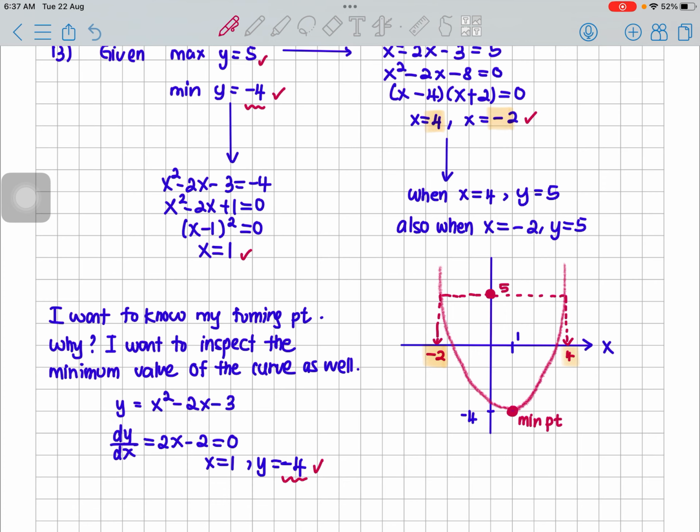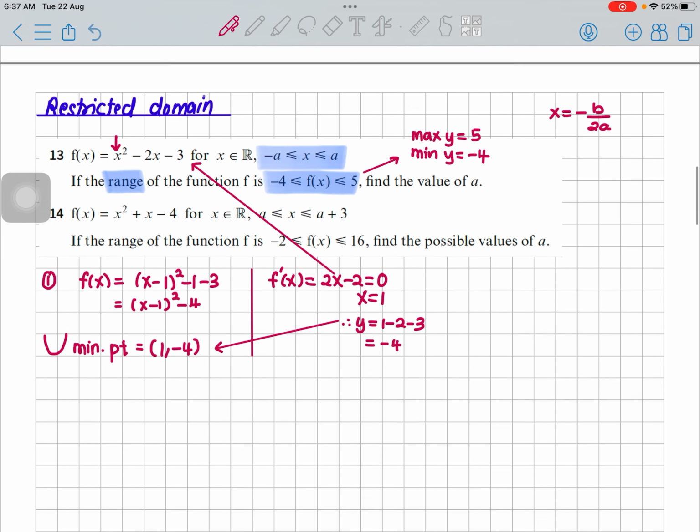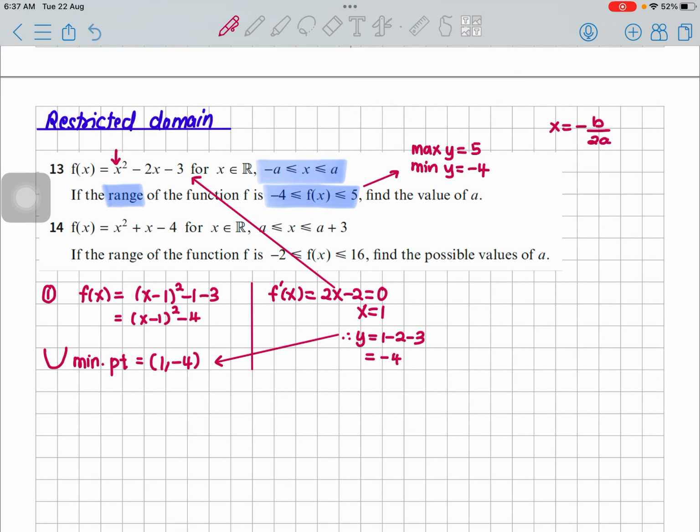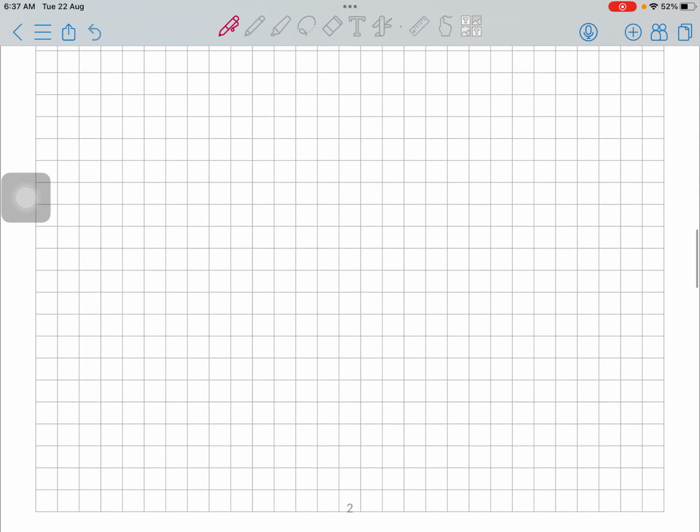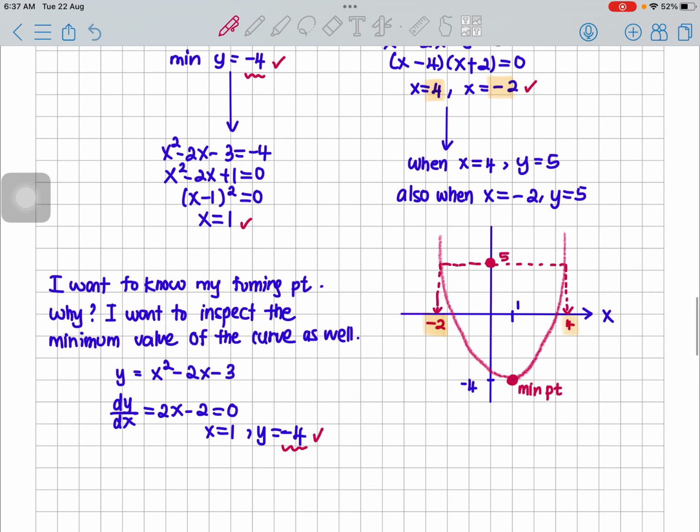So now what does the question want? Your question wants you to find the a value. You look at this, the x lies between negative a and a. It means it is very symmetrical. So which value will you take?